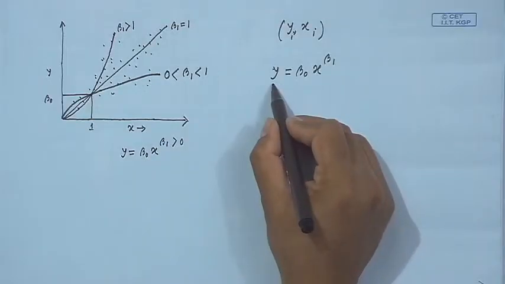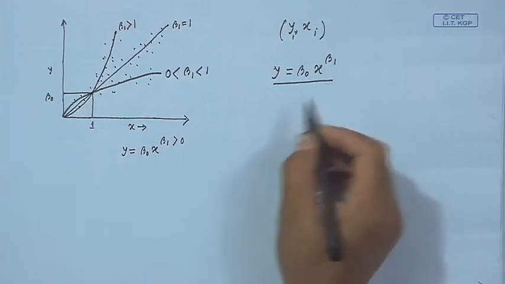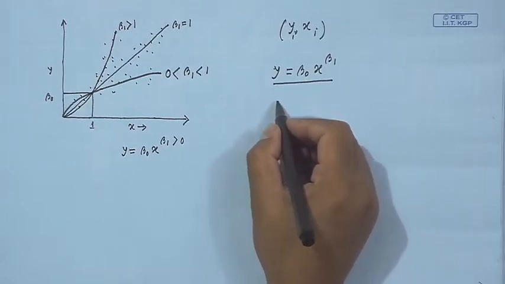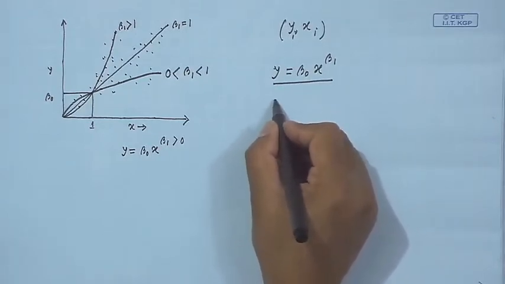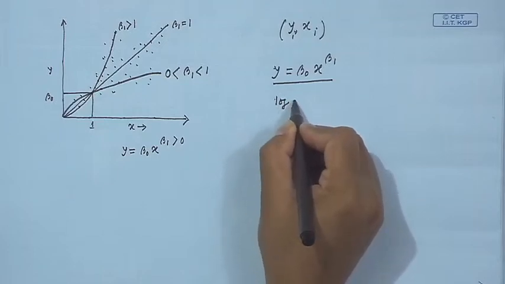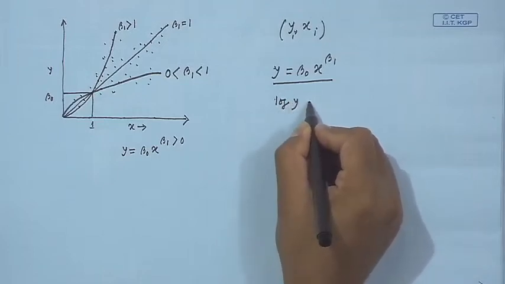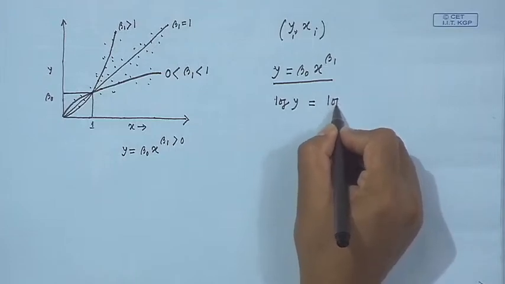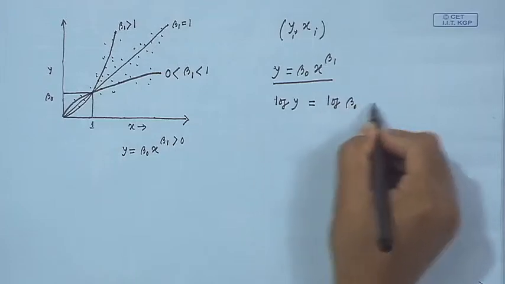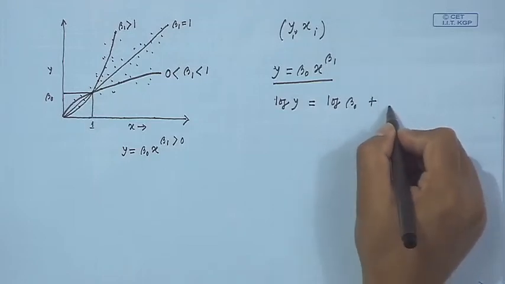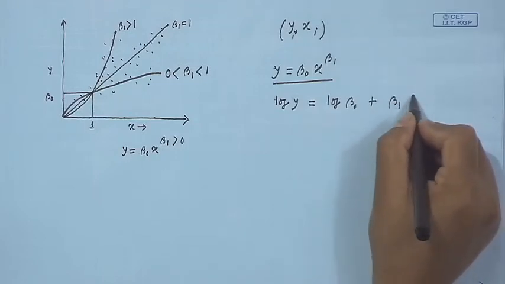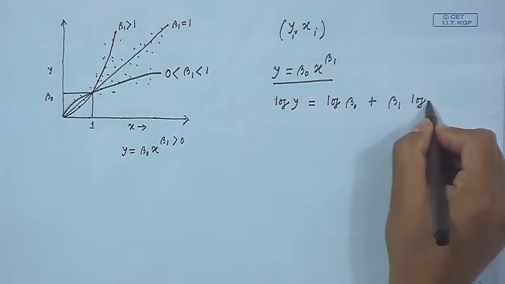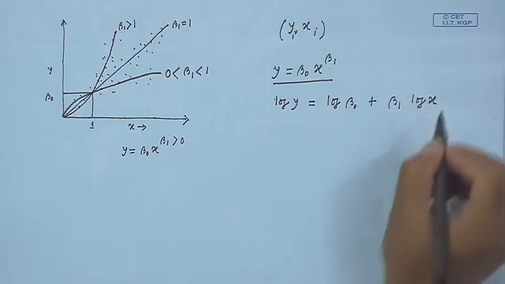So, this one is also a linearizable function, because you can easily make it linear by taking the log: log y is equal to log beta naught plus beta 1 log x.